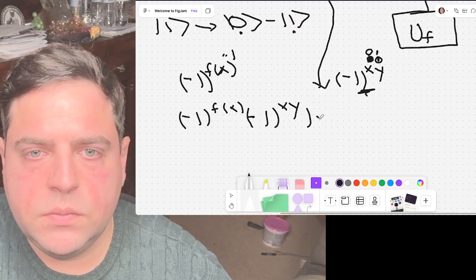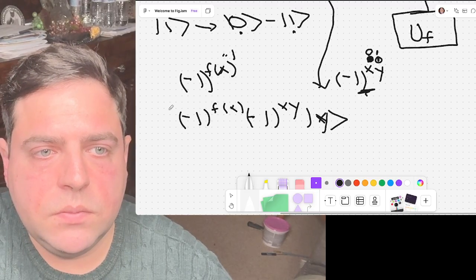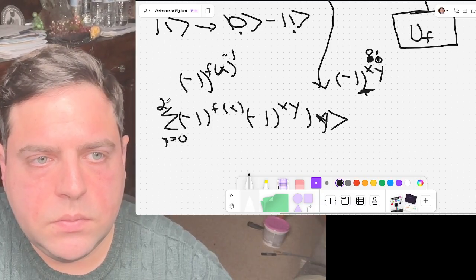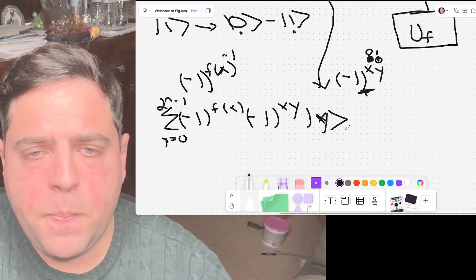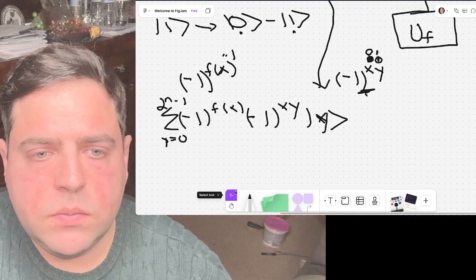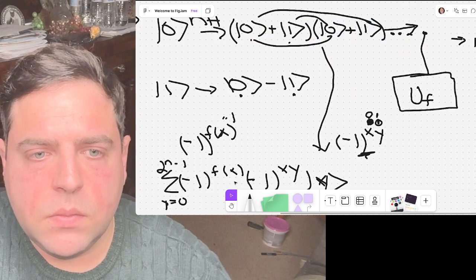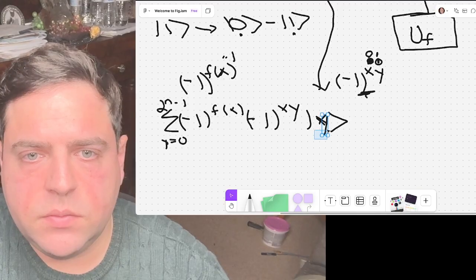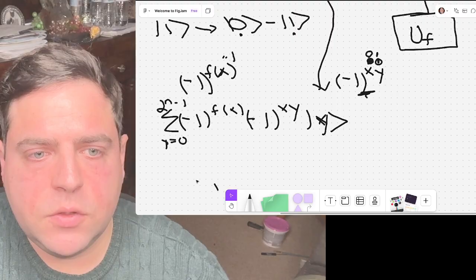Y rather, because that's just how many FOIL terms we're going to have, where X is the original bit that's going to be transformed into Y, right?